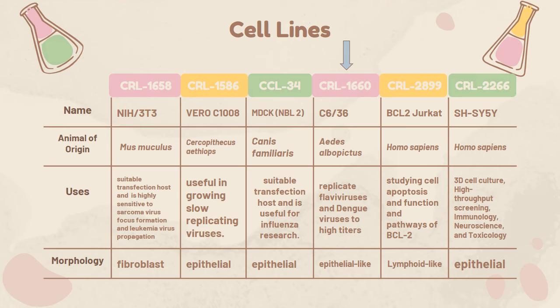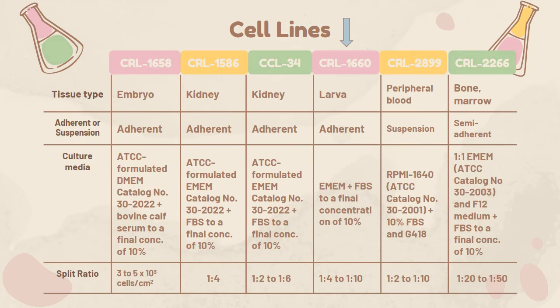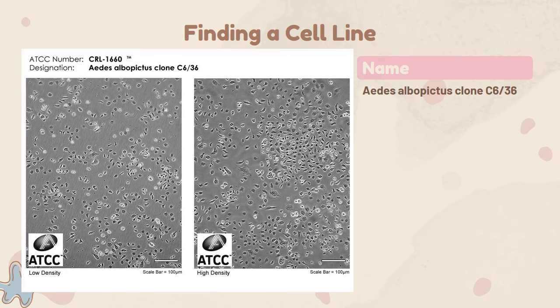We will be focusing, however, on the CRL1660 as indicated by the blue arrow pointing on its column. This cell line was the one assigned to our group. You can also pause this video in order to get a grasp on the table, but we will be moving forward to the discussion of the CRL1660 on the next few slides.